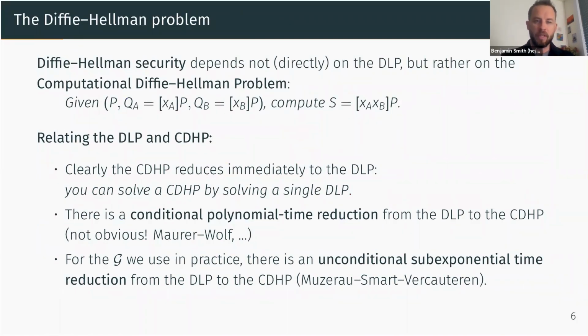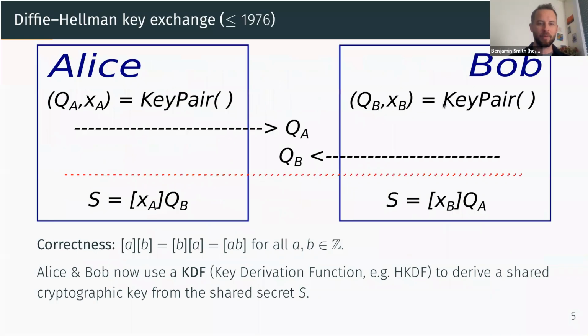Diffie-Hellman security depends not directly on the DLP, but rather on the computational Diffie-Hellman problem, which is: given all the information that we can see in public here. Everything in Alice's box is private to her, everything in Bob's box is known to him, and out here in the middle is just the internet, the wide world.